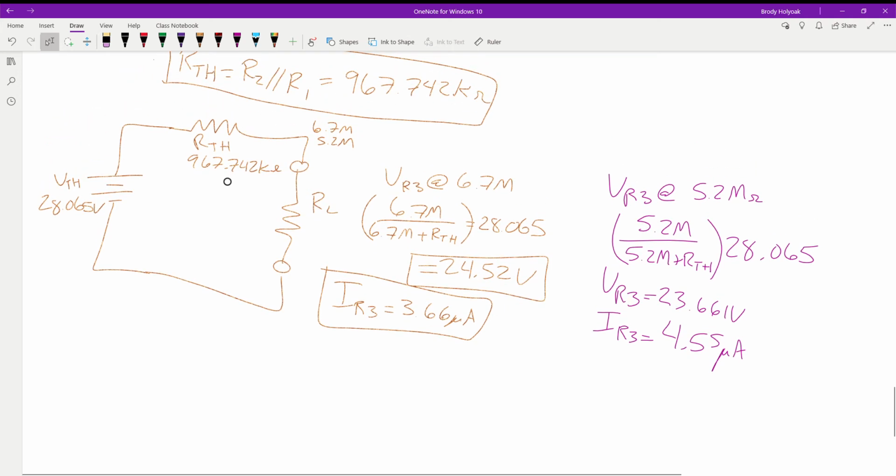The voltage of R3 divided by R3. So that one you have to put in the meg. All right, so we end up with these two values.